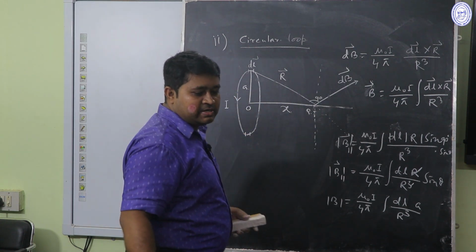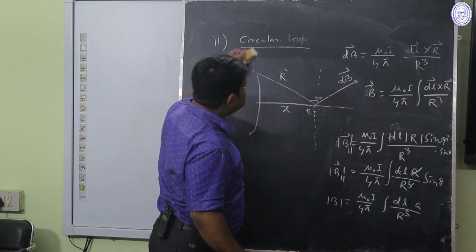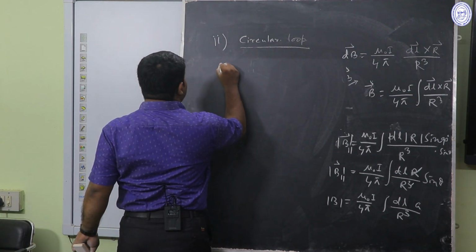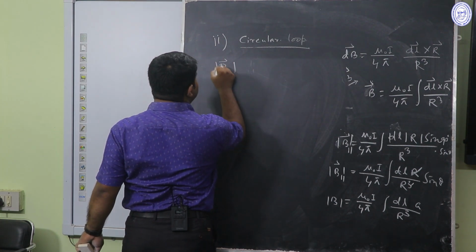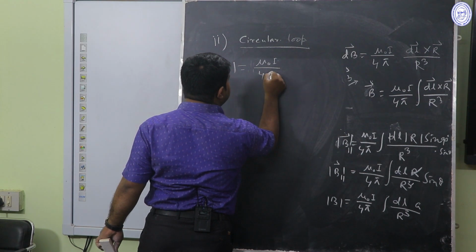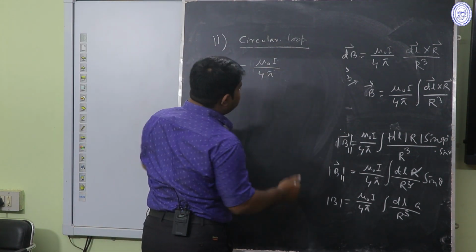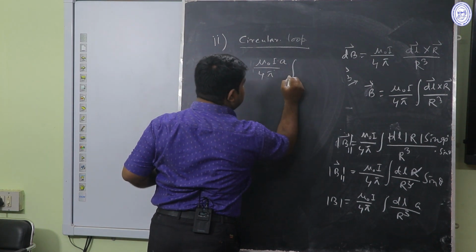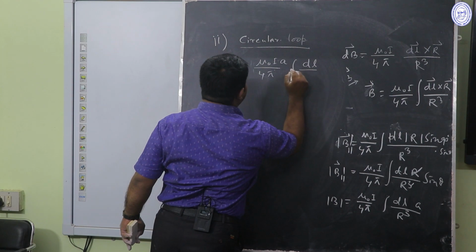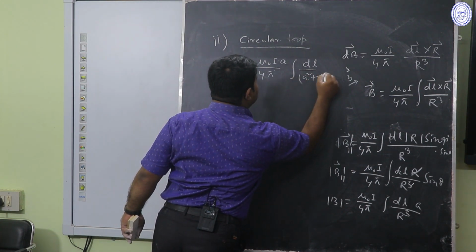So the total magnetic field on the axis due to the circular loop B is equal to mu 0 I by 4 pi into a, dl by r cube. R cube is equal to a square plus x square to the power 3 by 2.